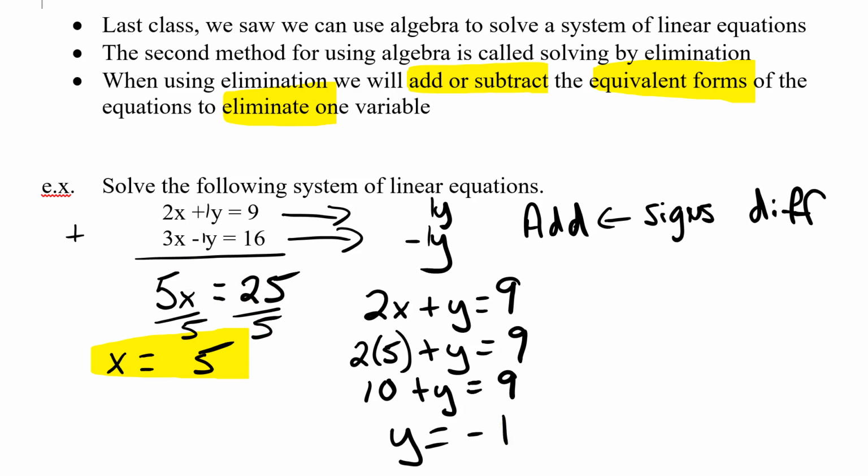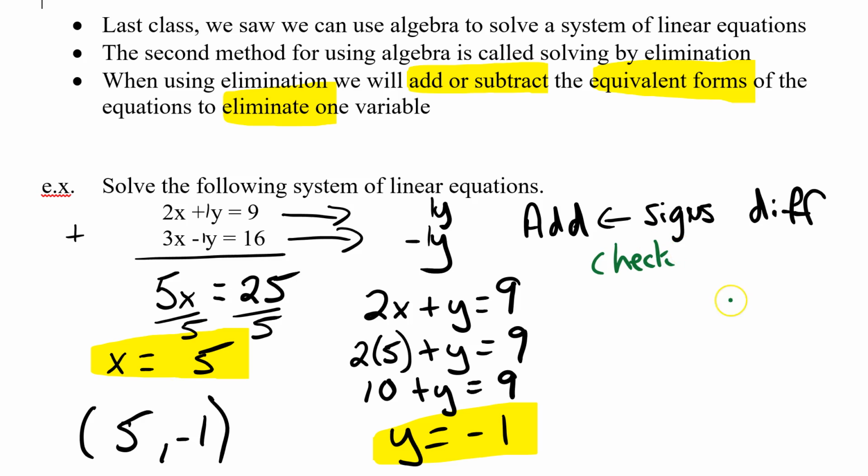So my x value that satisfies both equations is 5. So y is negative 1. So the point I just made is 5, negative 1. And of course, like everything in this unit, I can pull off a quick check. Let's do that to make sure that I have the correct answer.